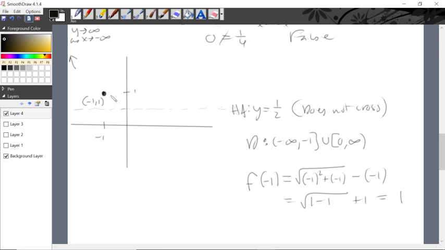It does not exist between negative 1 and 0. But what happens at 0, at the endpoint of the domain? Well, f of 0 would be the square root of 0 squared plus 0, minus 0. That's just 0. So we're talking about the origin, right here. The function exists at the origin.